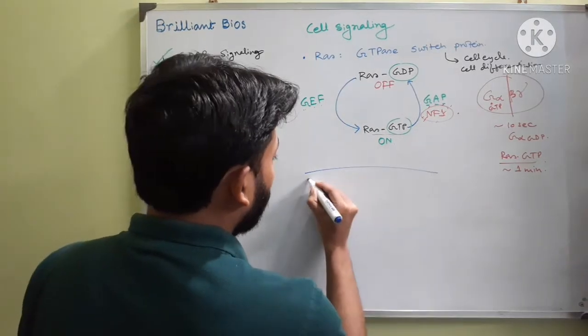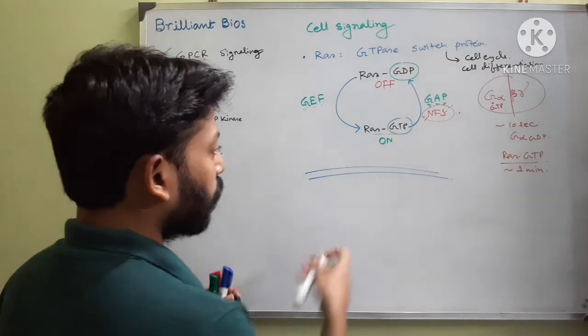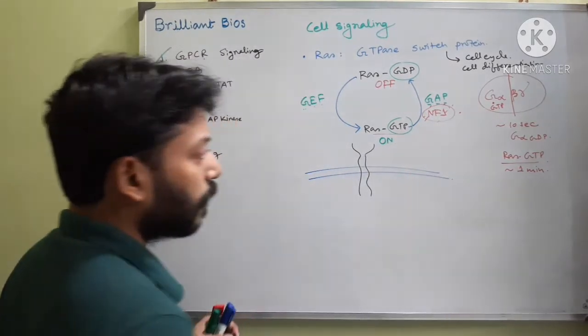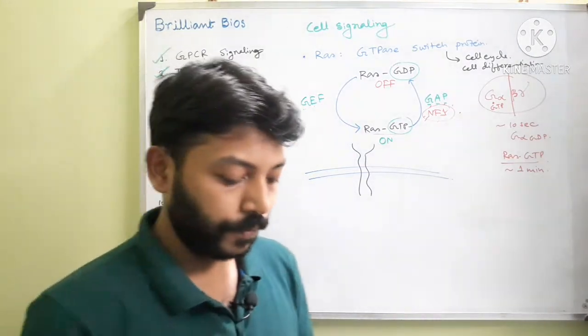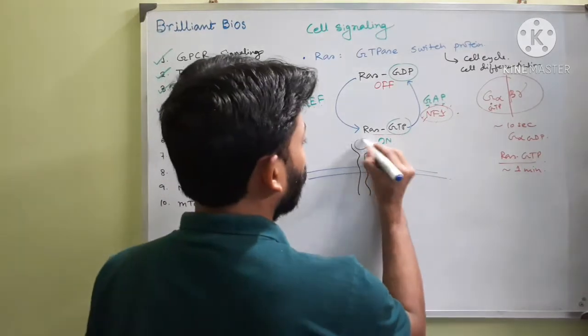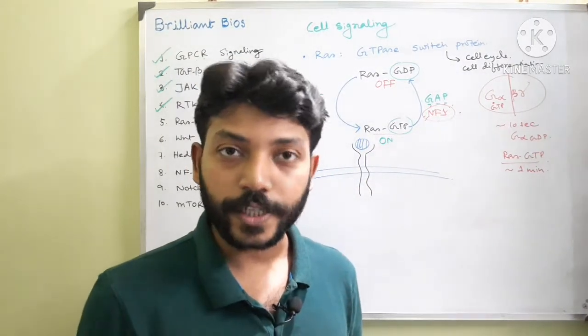In my RTK pathway class, I have mentioned that the receptor tyrosine kinase receptors always make dimers when they bind with their ligand. The ligands are growth factors like IGF-1, insulin-like growth factor.